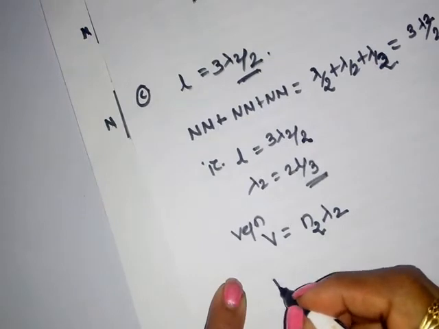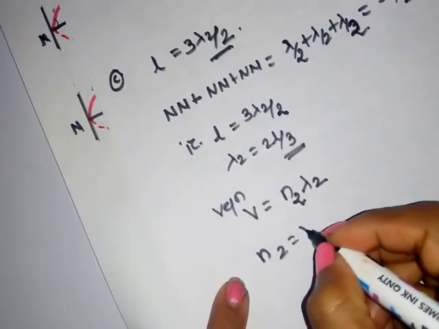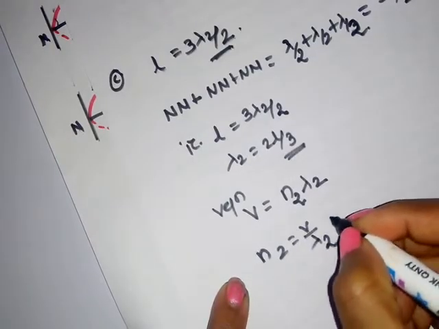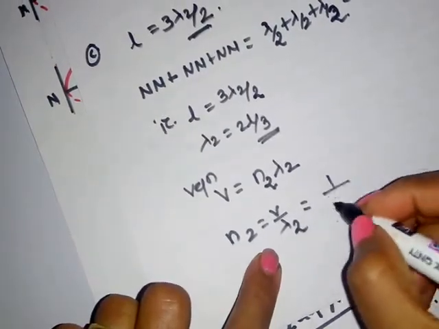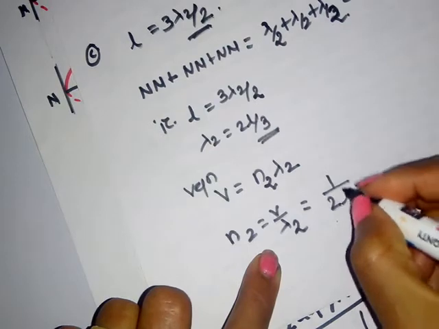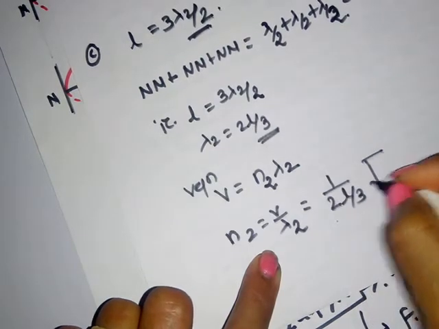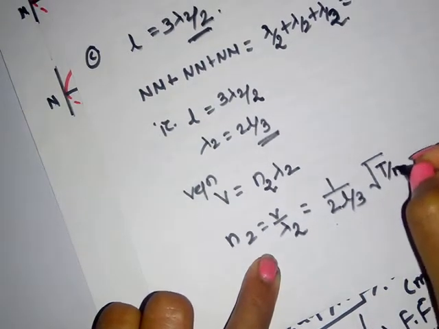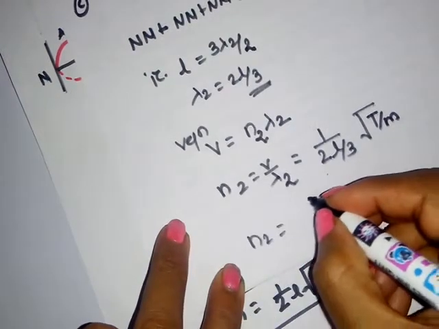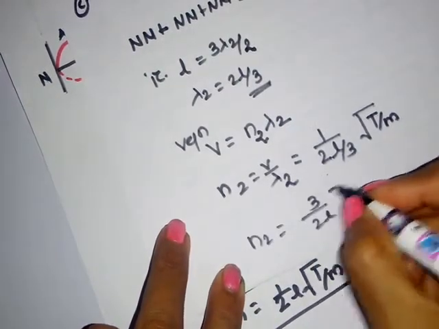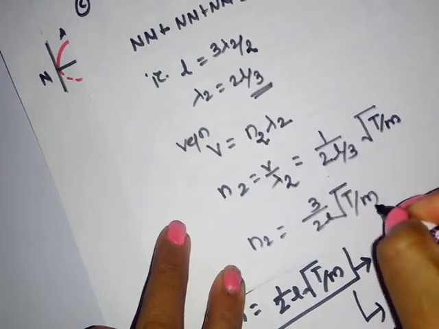Then we have the value of n2. So n2 is equal to V upon λ2. Now substituting the values, λ2 as twice L by 3 and the value of V as root T by M. So n2 is equal to 3 by 2L into root T upon M.